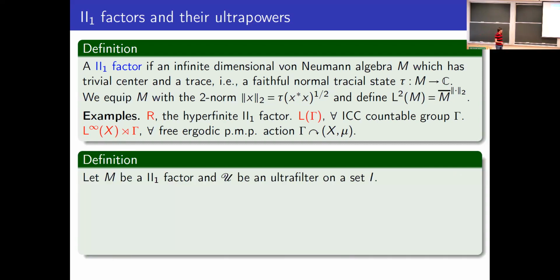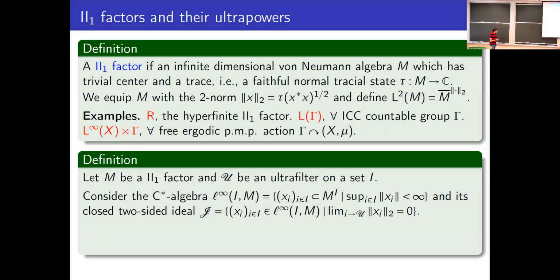Let me take a II1 factor M and u to be an ultrafilter on a set I. So this is just a unital star homomorphism from the L infinity algebra on I. And then with this, I can consider the sister algebra of uniformly bounded functions from I to M. So this is this algebra. It's just functions x from I to M with the supremum of the norm of x_i being finite.